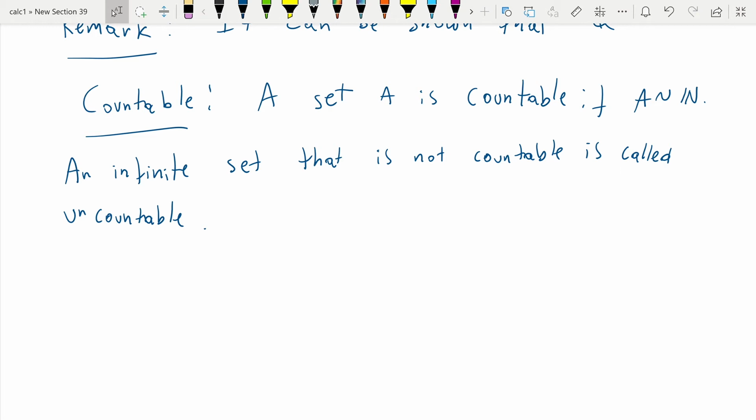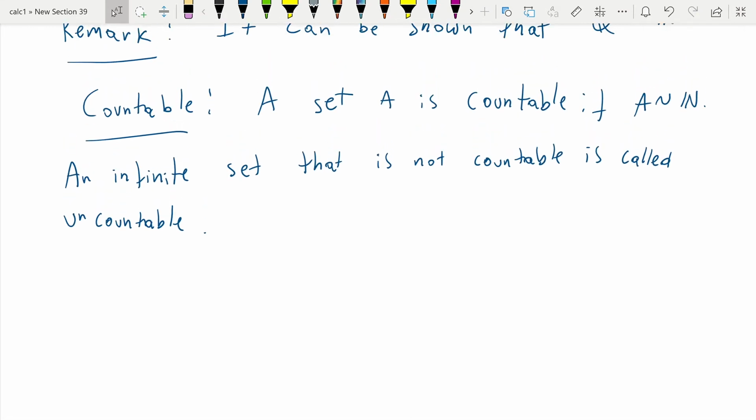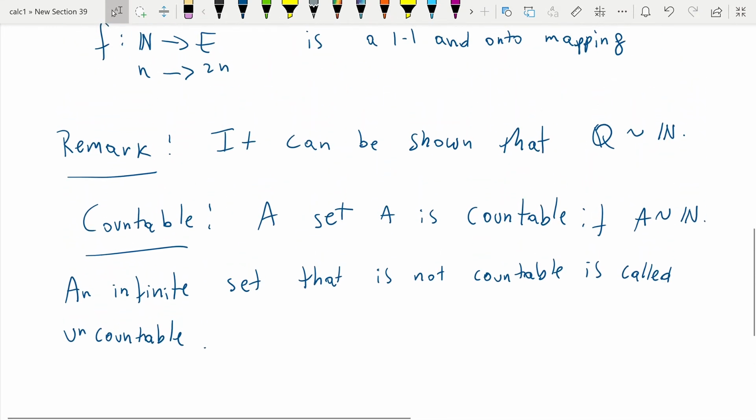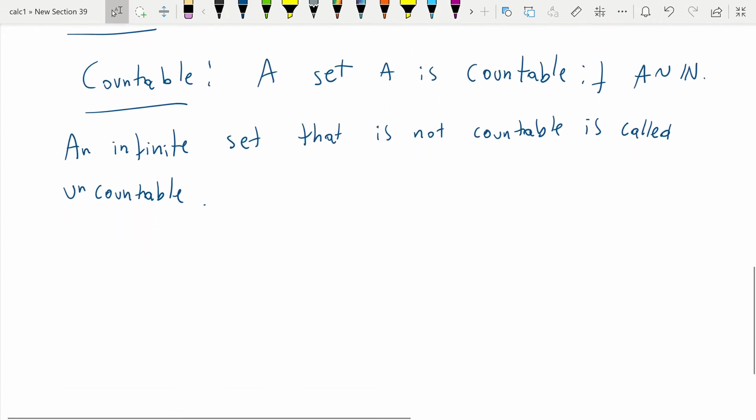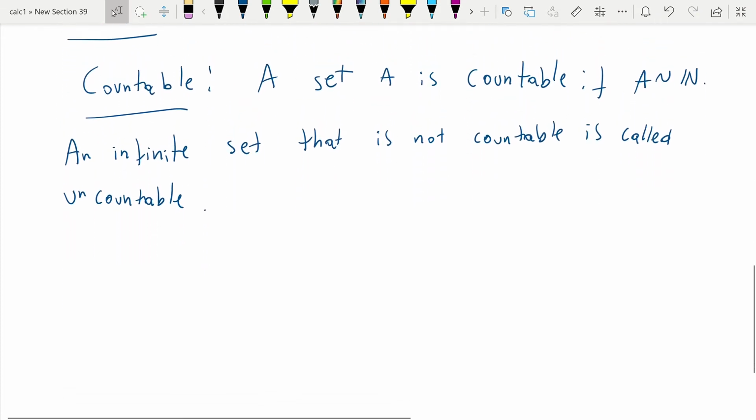Okay, so far we've seen that there are many sets that actually are countable. And our first example of a set that is not countable is R. Remember that we know that Q is countable, the integers are countable.